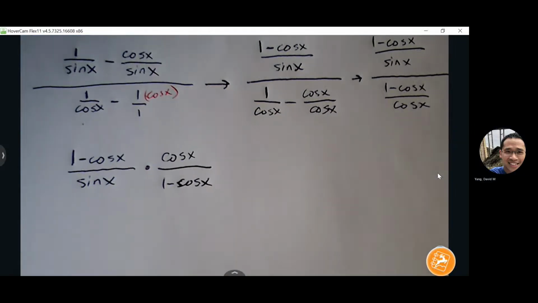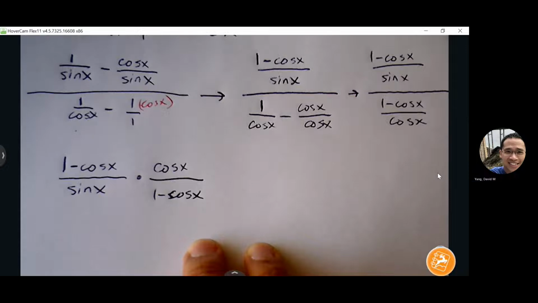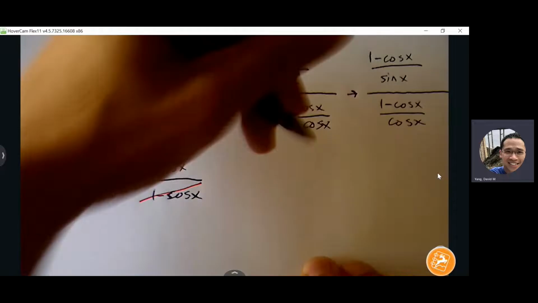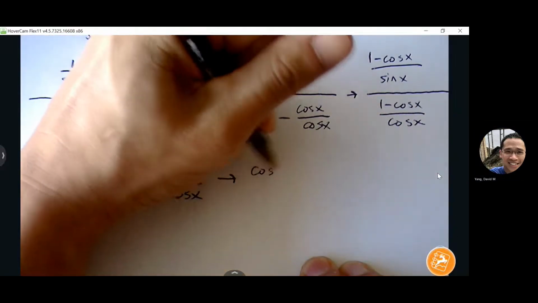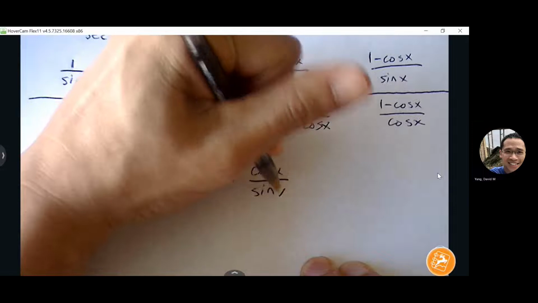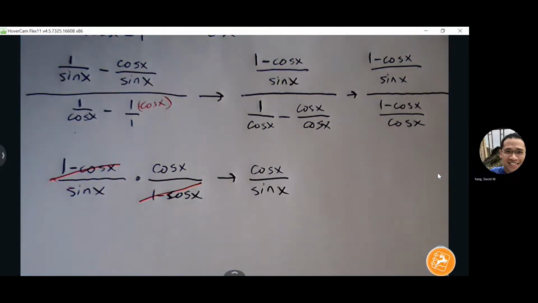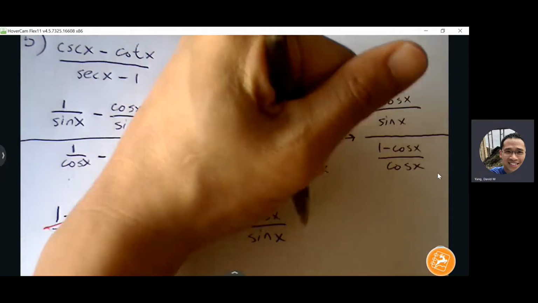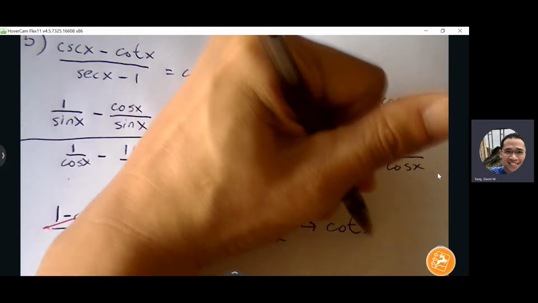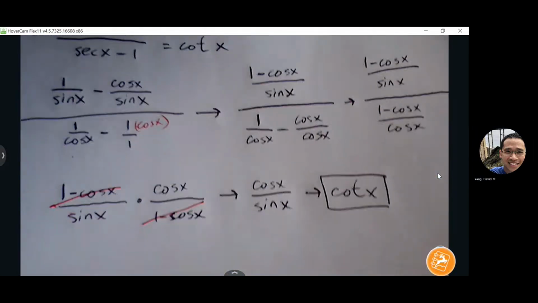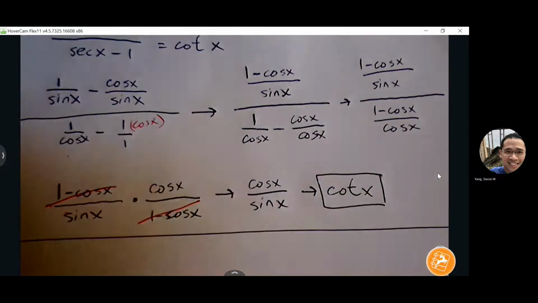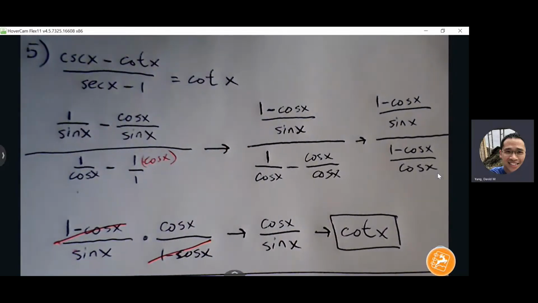Okay, what do you see here? Goes away. Let's put the remaining terms in its own fraction. Right, and what's cosine over sine? Equal to what? Cotangent, and that's where we can stop. Okay, any questions there with 5?